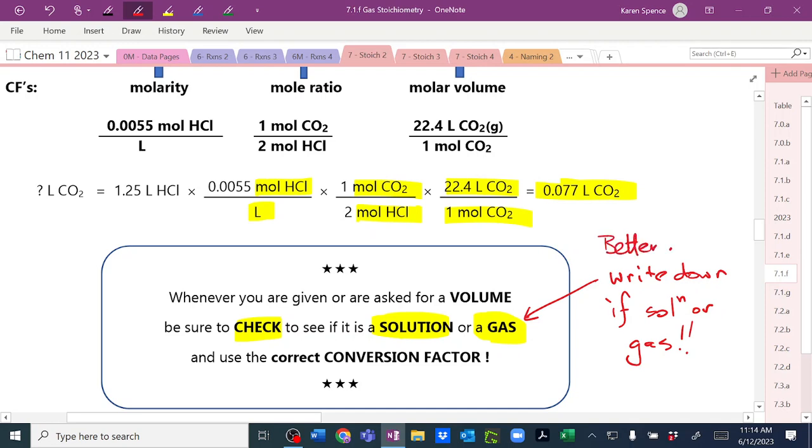All right. So, with those tools in your toolbox, we can now do, let's see, pages... Why don't you do page 31?